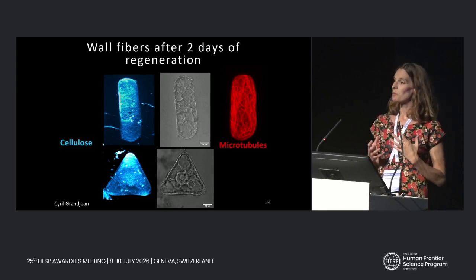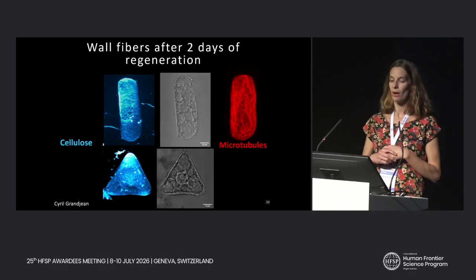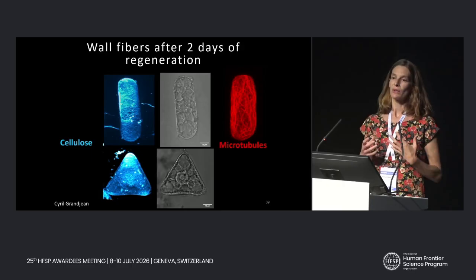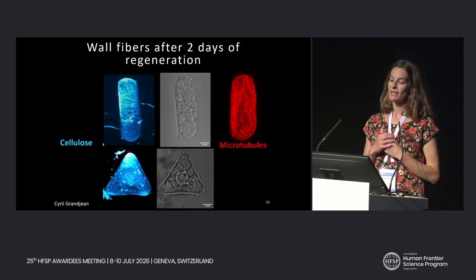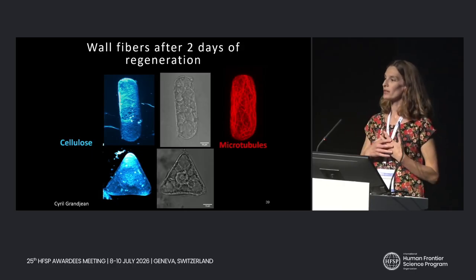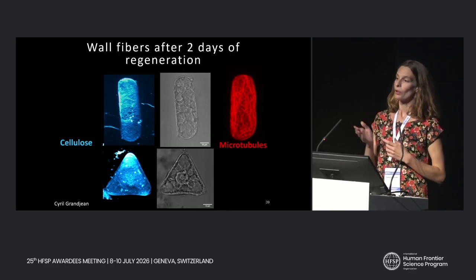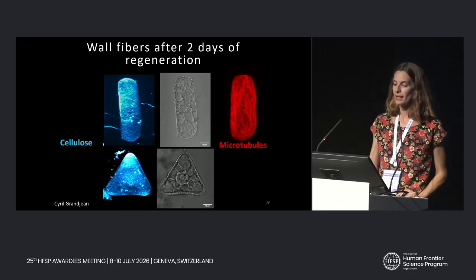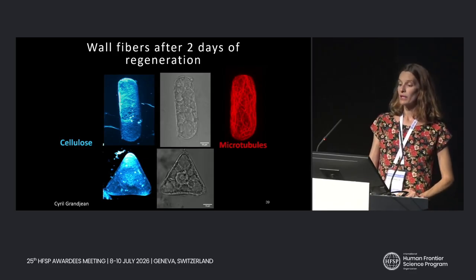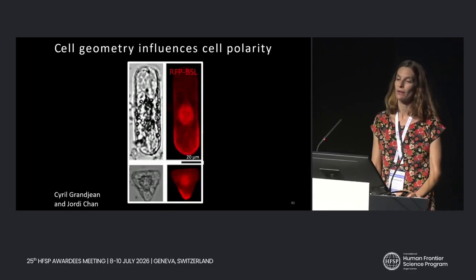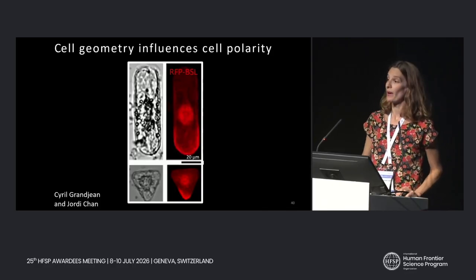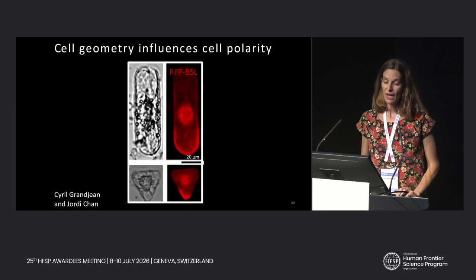So how can we explain this mismatch? One hypothesis is that there is a signal inside the cell that dictates the microtubules to change their orientation in order to become transverse. One such signal can come from cell polarity. Here we look at a polarity marker in plant tissue, which is called BASL.